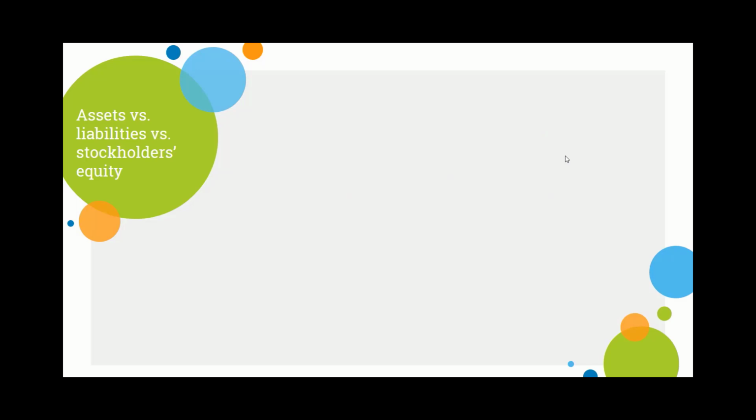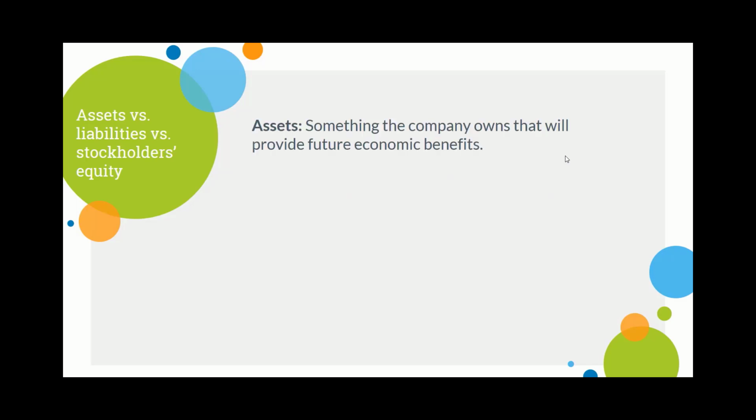So let's go ahead and talk about the three main pieces of the balance sheet. On the balance sheet, we have assets, and that is something that the company owns that will provide future economic benefits, or money, basically, right? So think of cash. If you have cash, well, one day that cash will give you a bigger benefit because you can use that cash to buy new technology or develop new technology or buy new machinery or whatever.